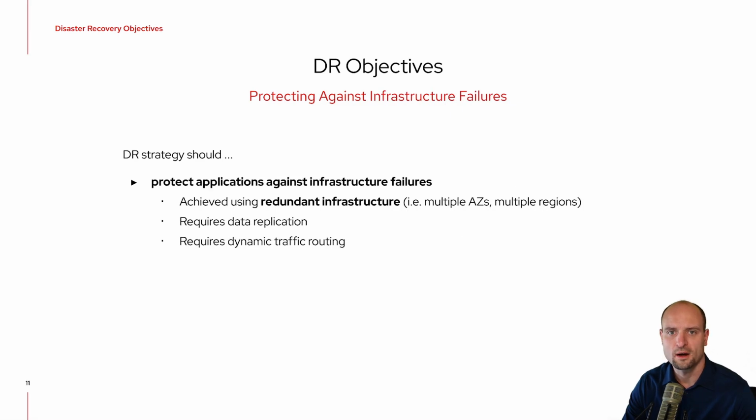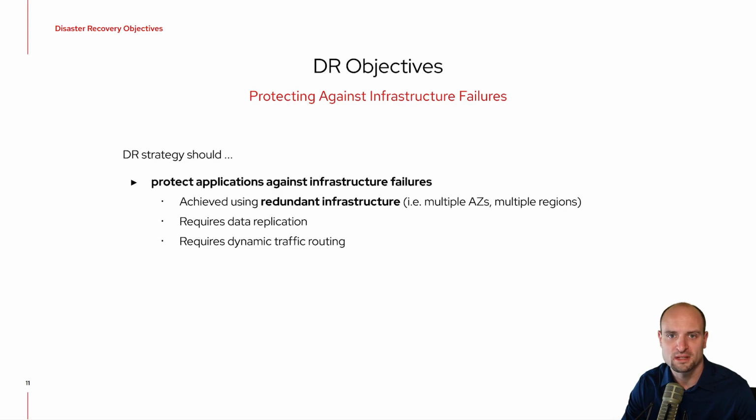The last DR objective we had was that we wanted to protect our applications against infrastructure failures. And this can be achieved by using redundant infrastructure. In our case, we are using multiple availability zones within a region, and also we are using multiple regions. As soon as you start using redundant infrastructure, you will also need to replicate the data which sits on top of this infrastructure.